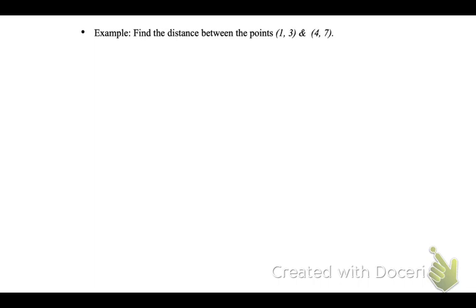Okay. If I ask you to write the distance between those, that would be d equals the square root of x minus x squared plus y minus y squared. And we've had this discussion before.